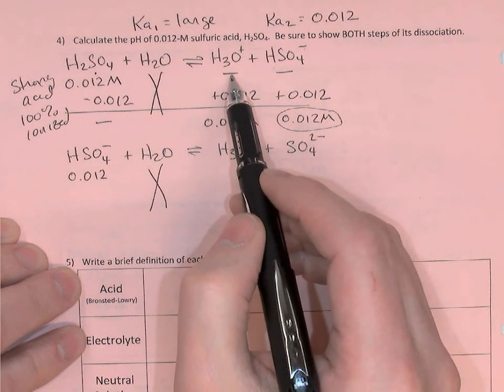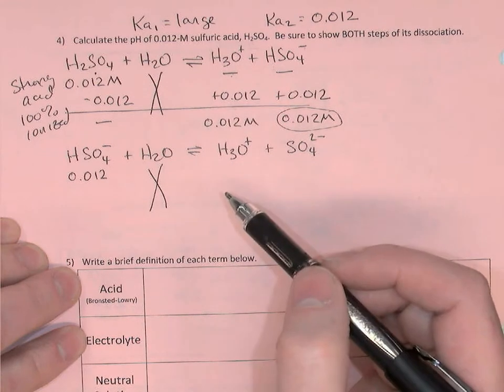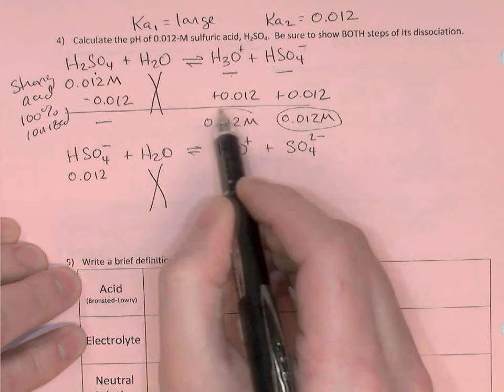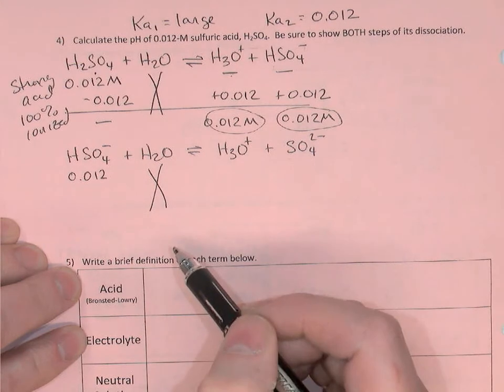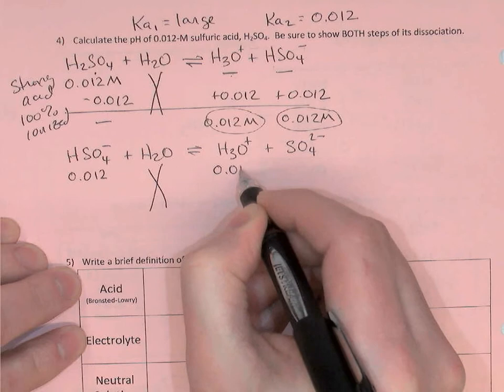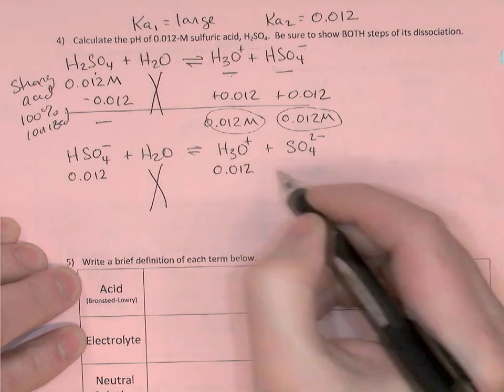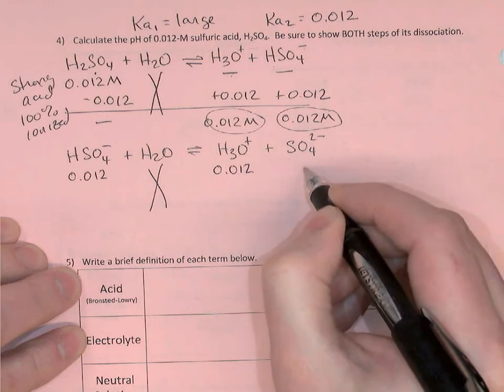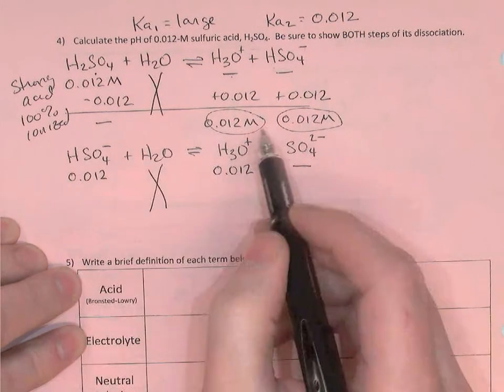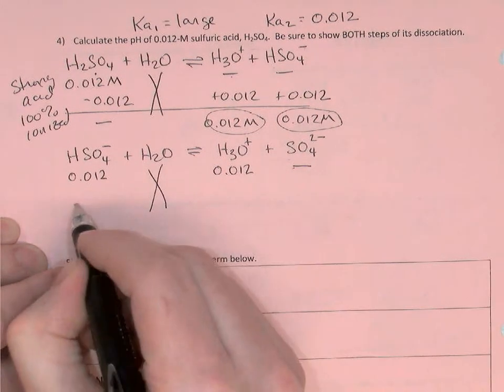Water has 1 × 10⁻⁷ molarity hydronium, which leads to its pH being 7. But at the end of step 1, we actually have 0.012 molar hydronium already produced. So when step 2 begins, you have this initial 0.012 molar hydronium. There is no sulfate at the end of step 1, so that's a 0.